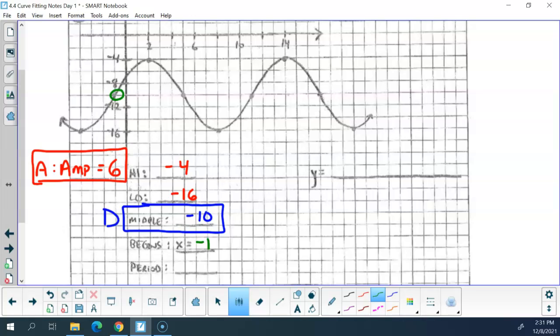We'd have to adjust it, yes. x equals 5 would work, but we'd either have to make it a negative A or a negative B. That's up to us. Okay? All right?